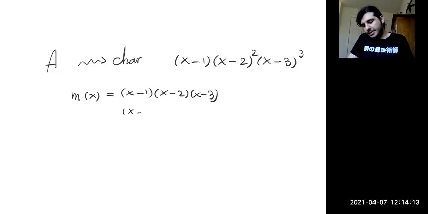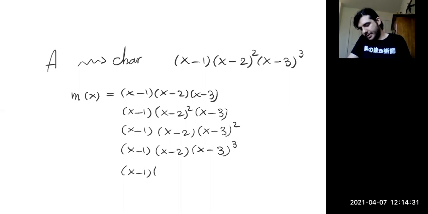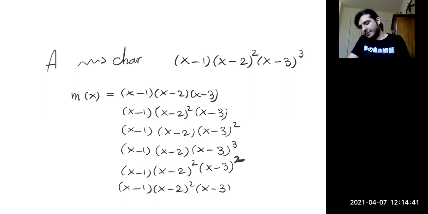It might be x minus 1 times x minus 2 squared times x minus 3. It might be x minus 1 times x minus 2 times x minus 3 squared. It might be x minus 1, x minus 2 times x minus 3 cubed. And it might be x minus 1 times x minus 2 squared times x minus 3 squared. And finally, it might be exactly the characteristic polynomial itself.